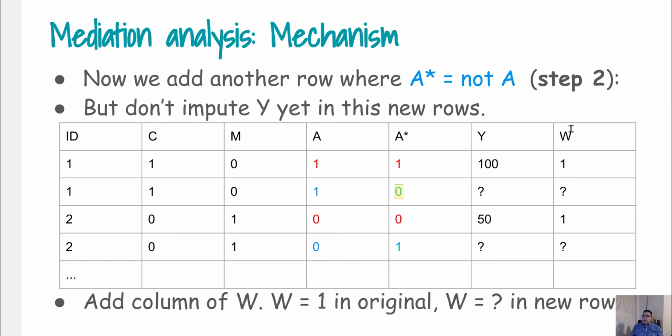Notice that there are 2 other variables that we are dealing with here. One is the Y variable and one is the W variable. This Y variable, these question marks are coming from this data, because we do not know what would happen as an outcome for this person when the exposure group was 0.